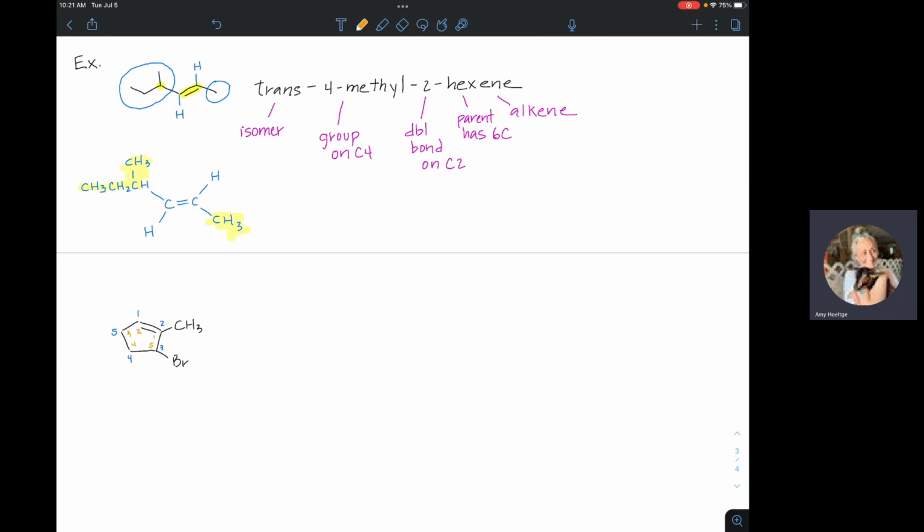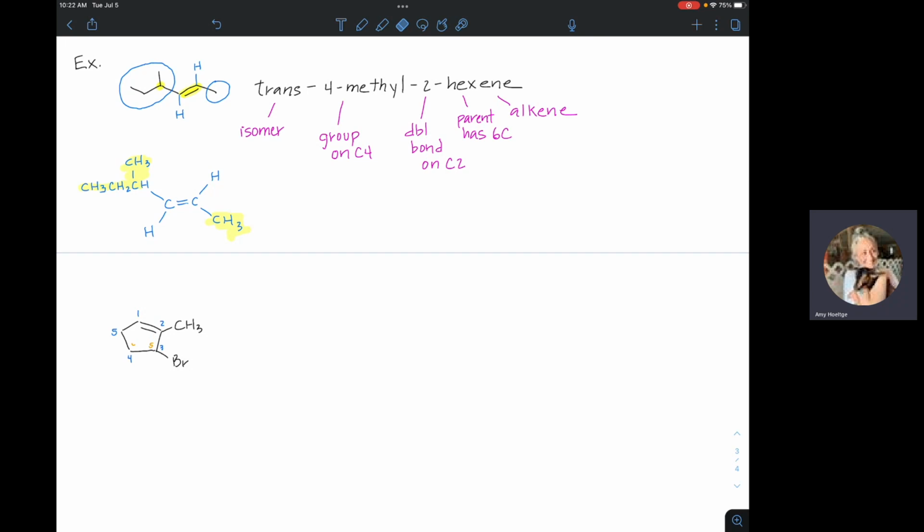If I take the orange pathway, because remember, you're giving the double bond priority, we're not looking at those substituents just yet, just the double bond. So that's going to be carbons 1 and 2 always, unless there's another double bond in the ring. So if I take the orange pathway, the methyl group is on carbon 1, but the bromo group is on carbon 5. So 2 and 3 are going to be smaller than 1 and 5.